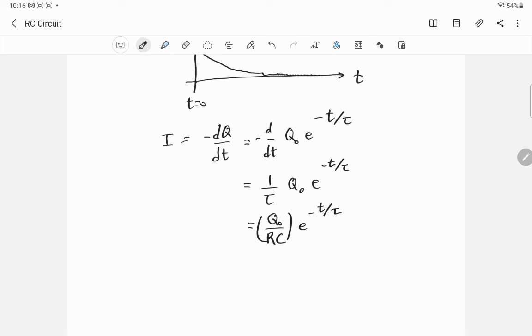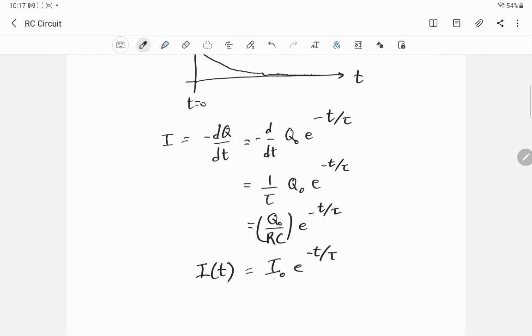If you think about it, the top is in coulombs and the bottom is in seconds, right? Because R times C is a time. And so charge per time is current. And this actually is the initial current. It's the current at time t equal to 0, right?